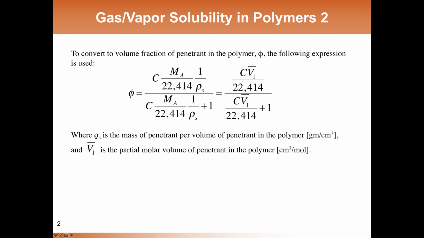And so this expression gives us the conversion of penetrant concentration to volume fraction. And again, you should work through the units to make sure that you get to a point where this is the cc's of penetrant per cc of penetrant plus polymer.